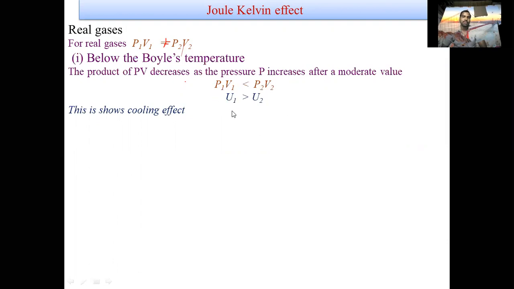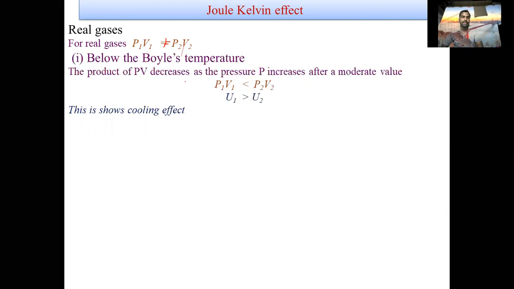In this situation, U1 is greater than U2. What is the meaning of U1 greater than U2? Before going from one region to another through the porous plug, the gas internal energy is more than after passing through the porous plug.